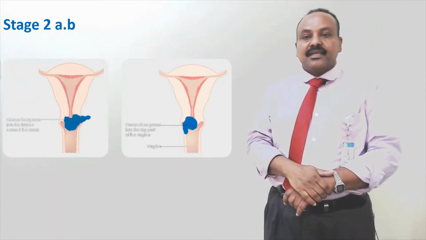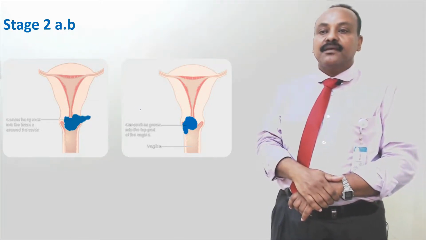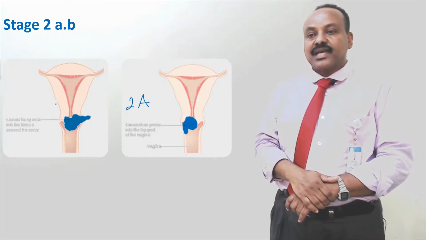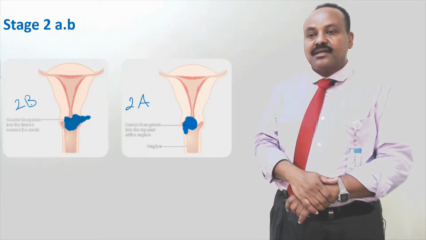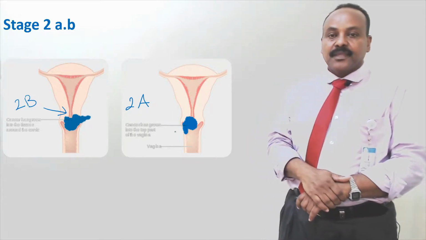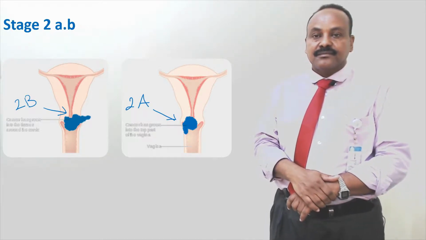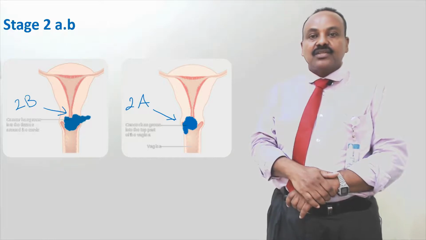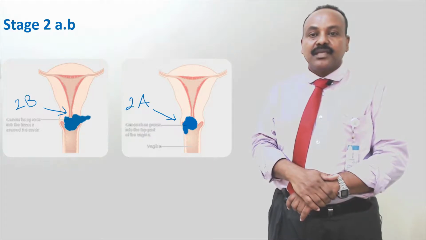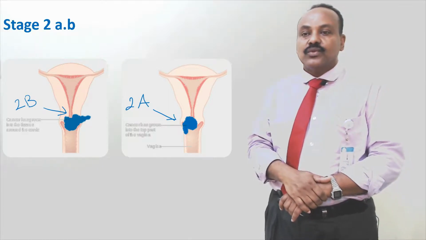Here is a picture of stage 1, stage 2A and stage 2B. In the picture to the left you can see stage 2B, and the picture to the right is stage 2A.